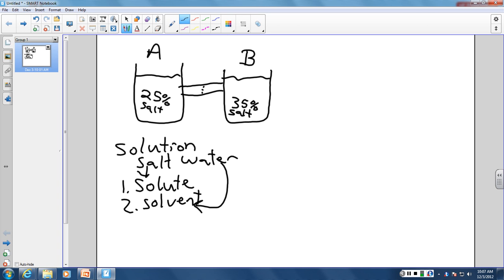So now, if you understand diffusion, you know which way salt is going to move. Right? Salt is going to move from B to A. Everybody with me? So diffusion is movement of any substance from high concentration of that substance to a low. So salt would move from B to A.